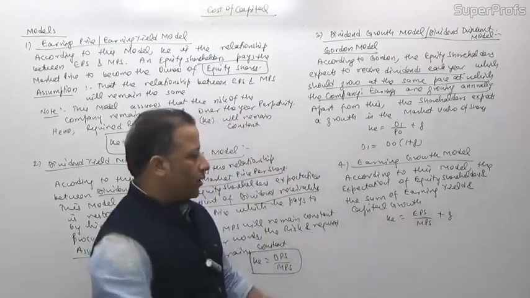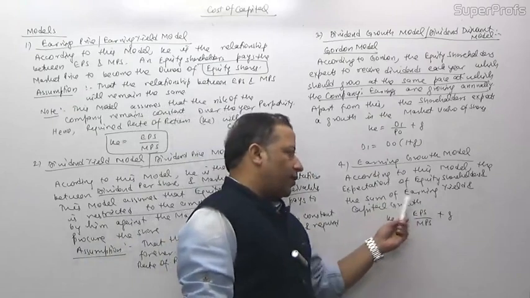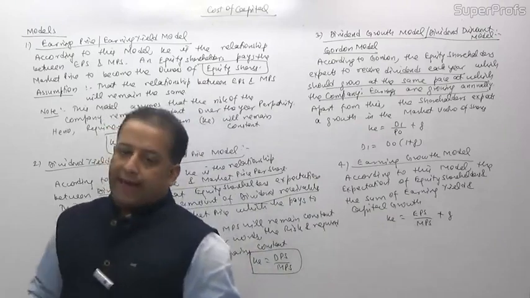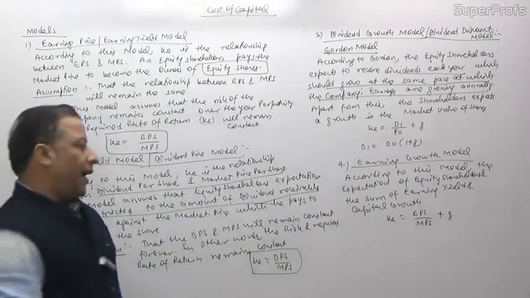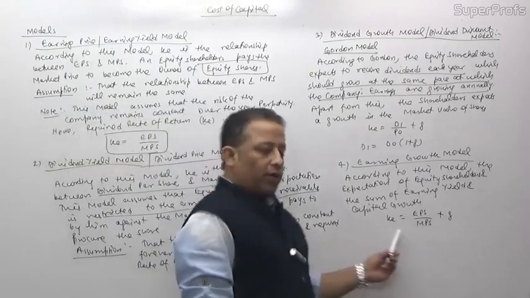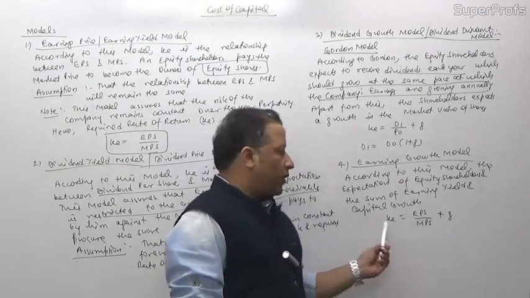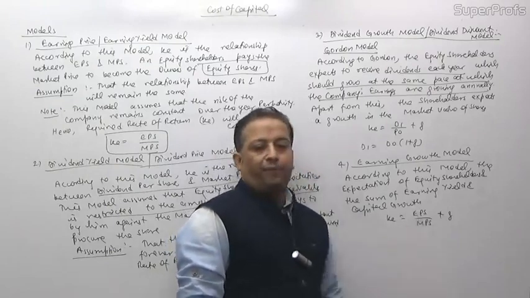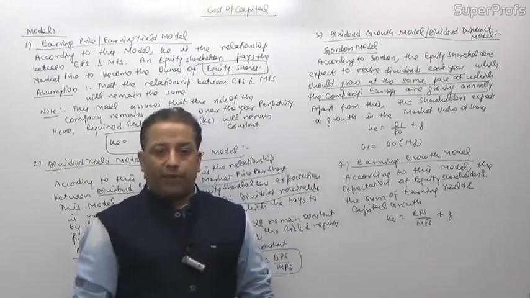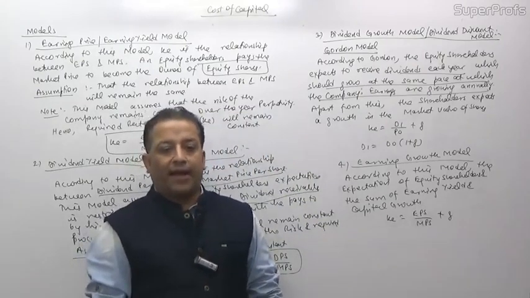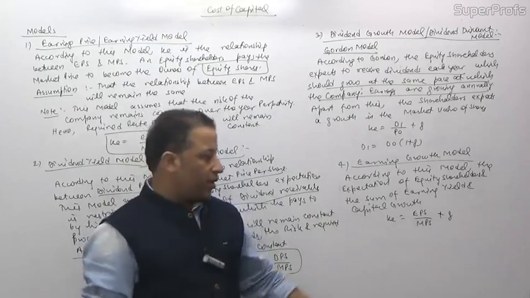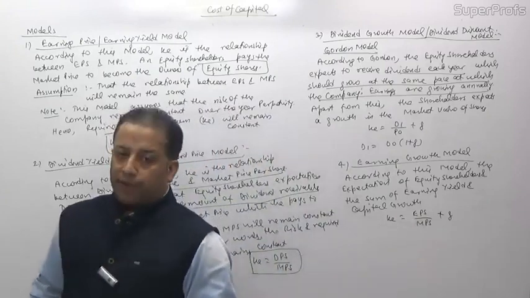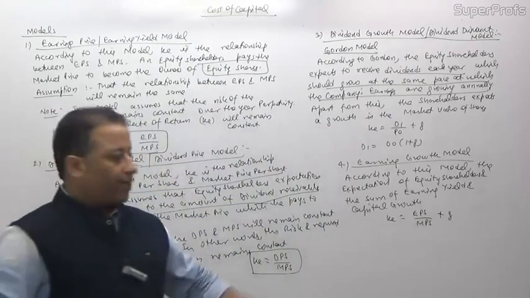The formula to calculate cost of equity in this case is EPS divided by MPS plus G: earning per share divided by market price per share plus growth rate.